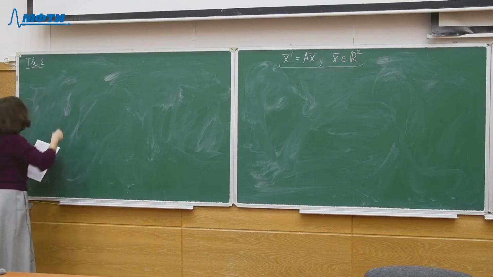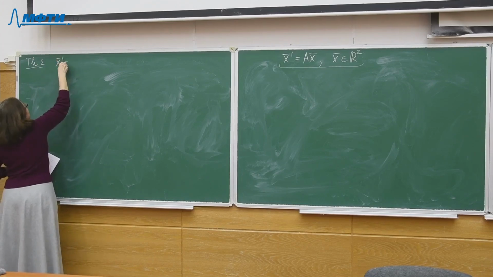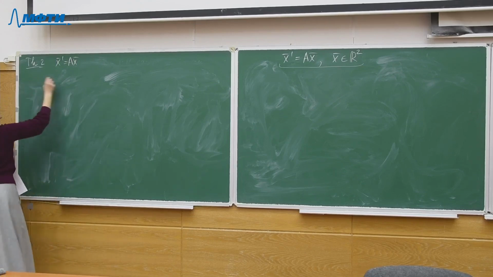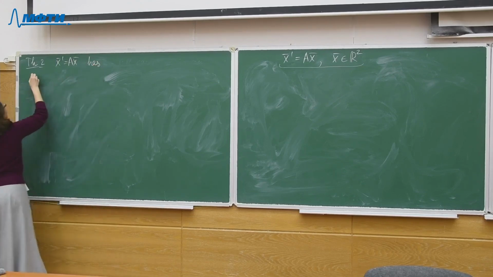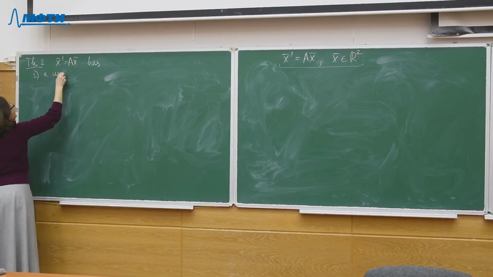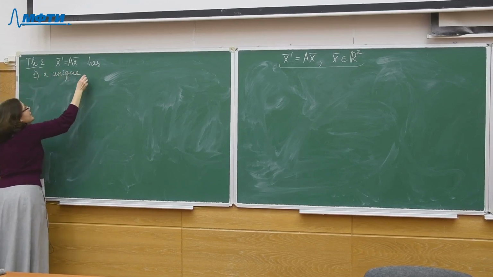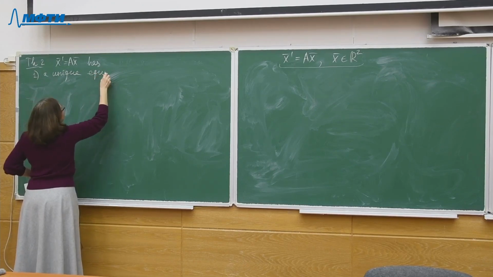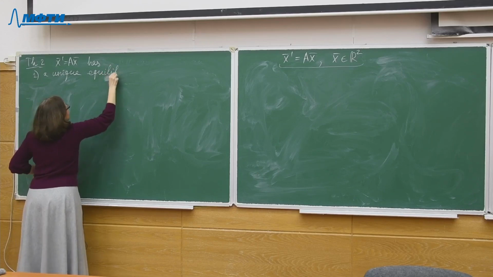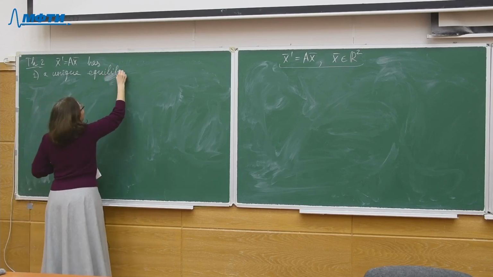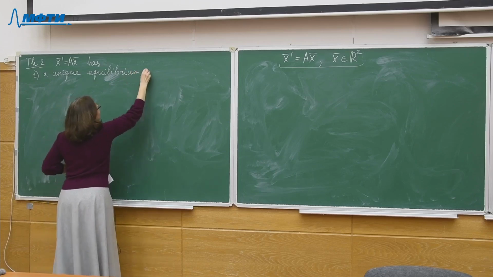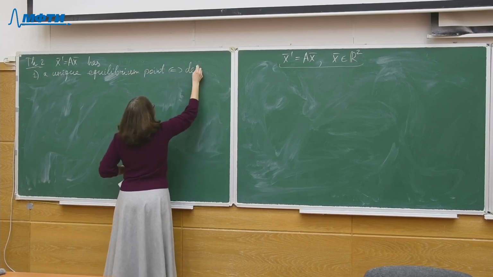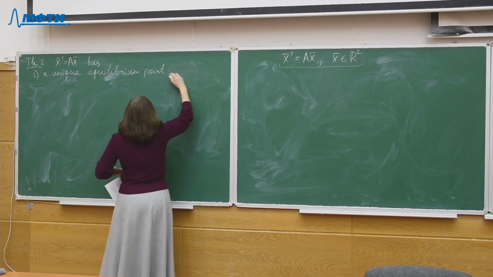The planar linear system X prime equals AX has a unique equilibrium point, which one?